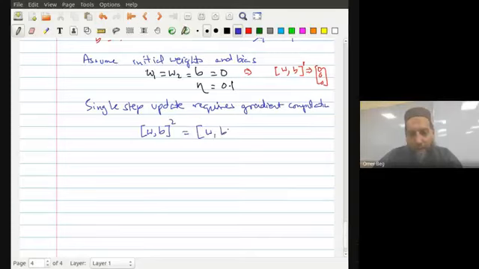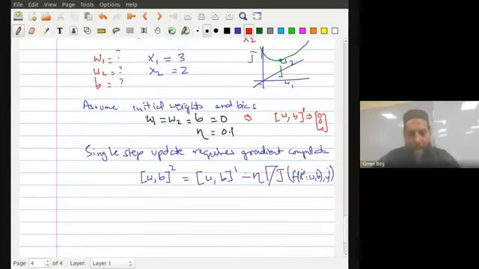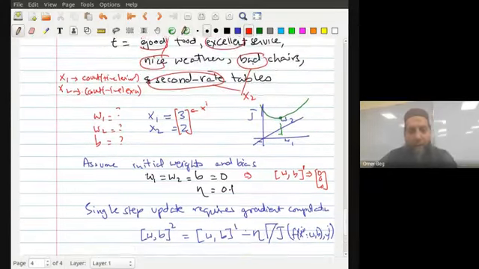That would be w and b at time step 1 minus the learning rate times the gradient of J, which is f of x of i given w, b, and y of i for that particular sample. So in this case there's x of i, and the y of i would be the true label.